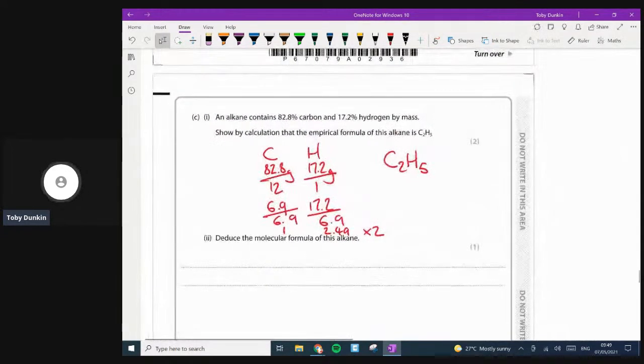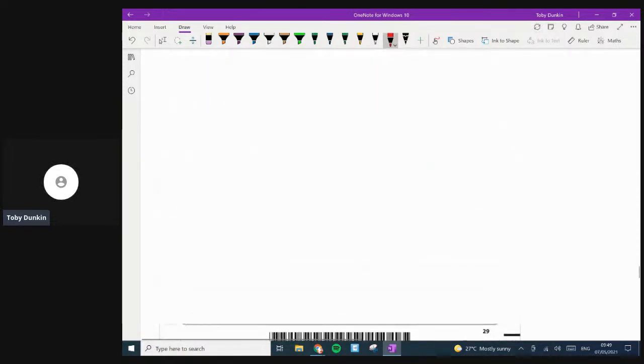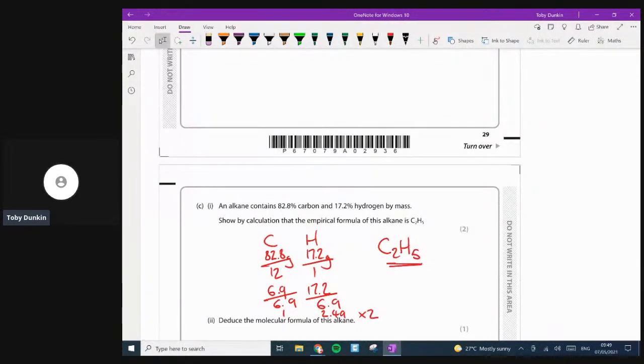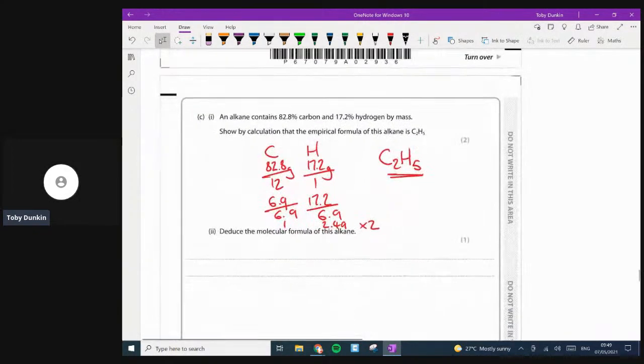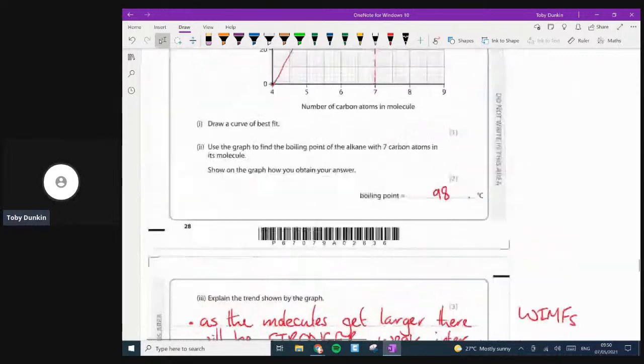Deduce the molecular formula of the alkane. Show by calculation that the empirical formula, okay, so I've done that. Deduce the molecular formula of this alkane. Well, an alkane contains this many hydrogen by mass. How can it do that if I haven't got an MR?